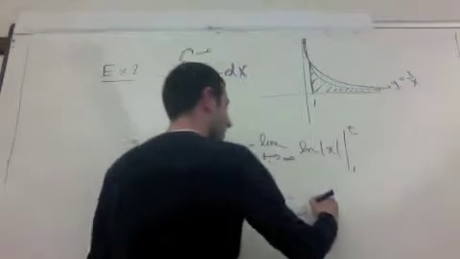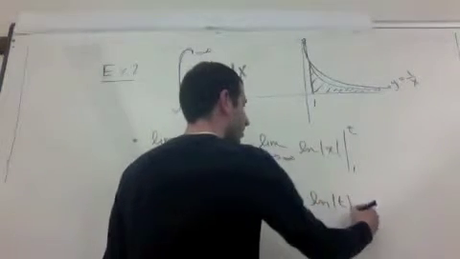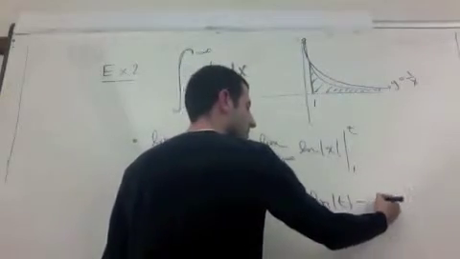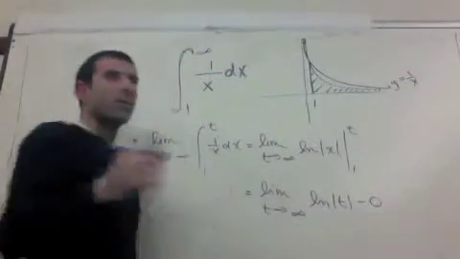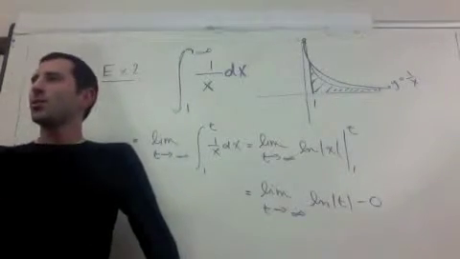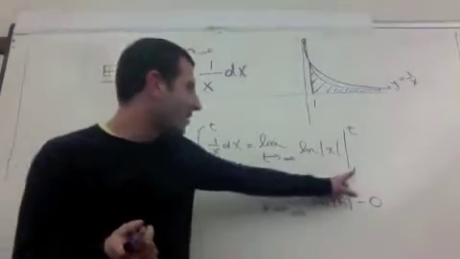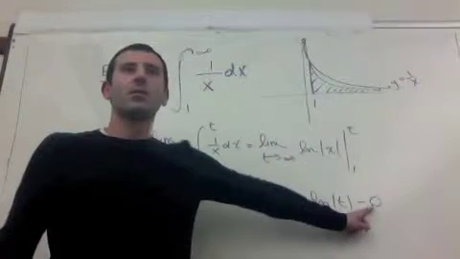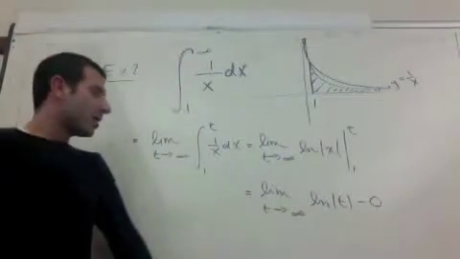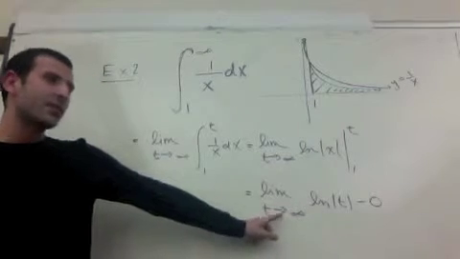Okay, so this gives us the natural log of the absolute value of t minus 0. But I wanted to show that just for emphasis. I knew that was 0, and I'm sure most of you did too, but oftentimes this is not 0. That'll be like in the last problem, that actually gave you the answer. So now maybe you can see, look at that.